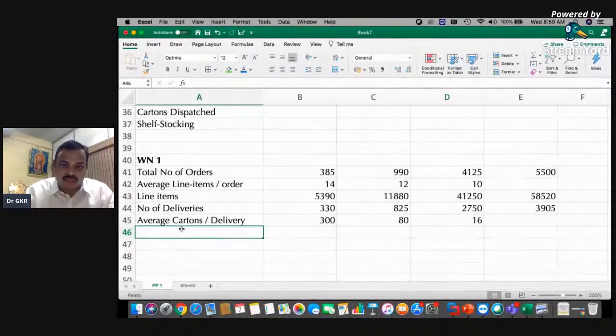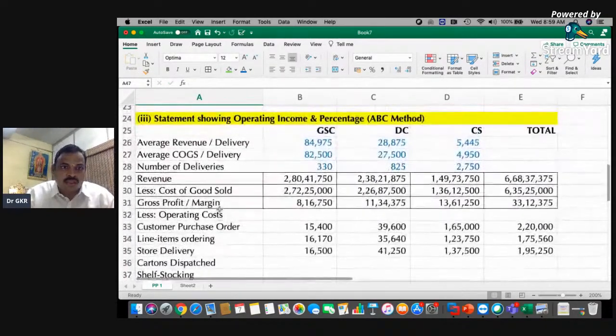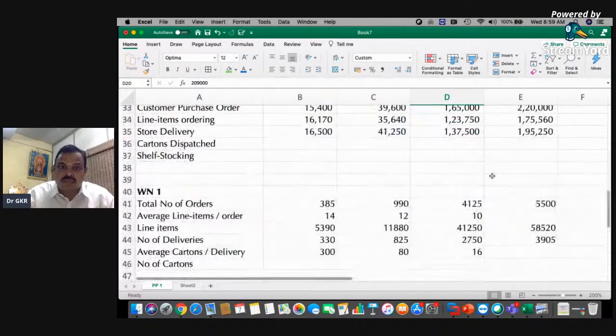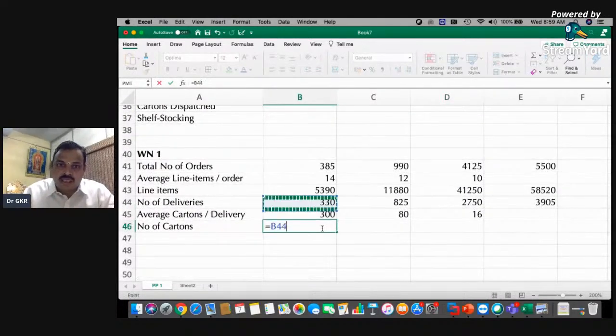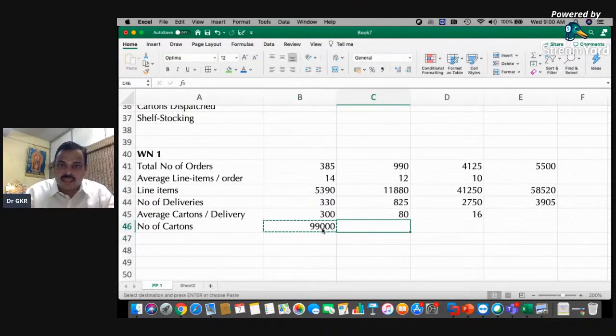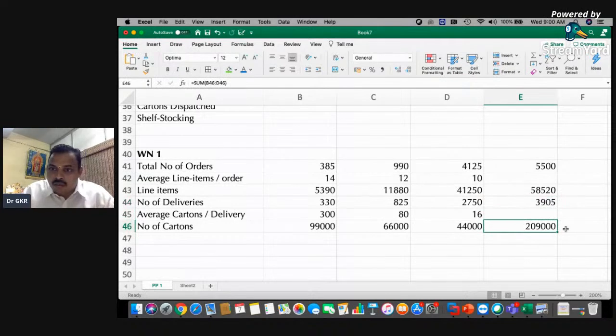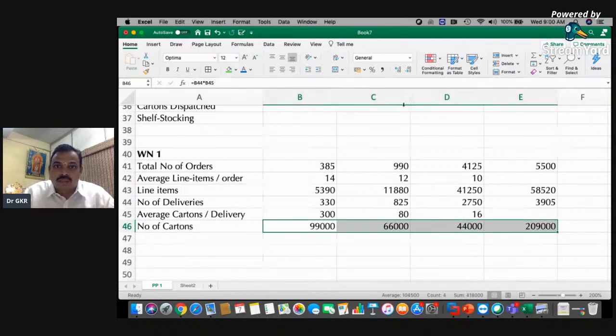Now you have to find the number of cartons. 2,09,000 is the number of cartons. Multiply 330 into 300, number of cartons, 99,000. So add this: 2,09,000 cartons.